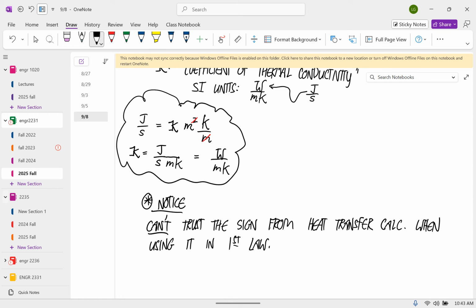In every case when you use these heat transfer equations, you have to think about the direction that heat is going to transfer. It's always going to go from high temperature to low temperature. And then you have to think about that in terms of what's your system and what's the surroundings.